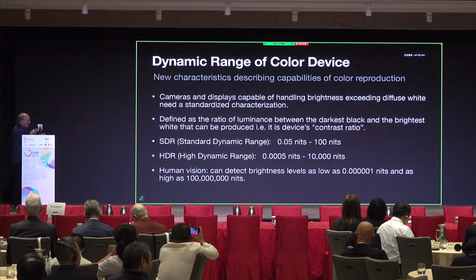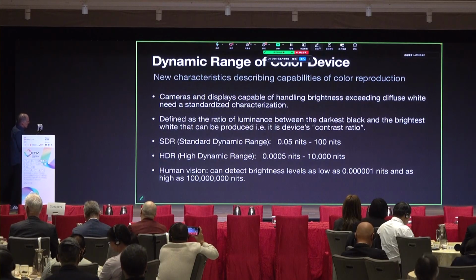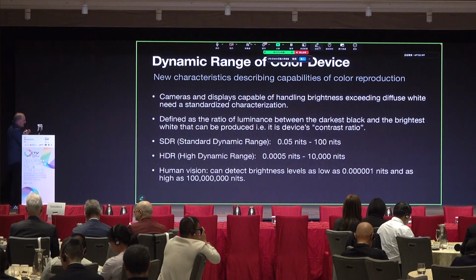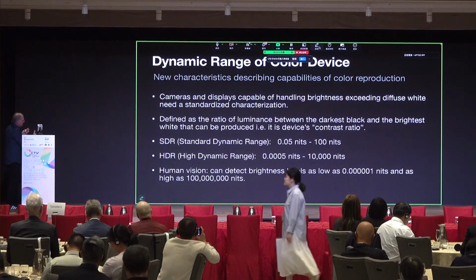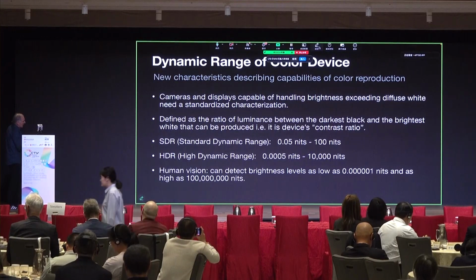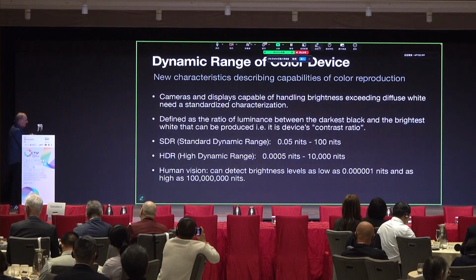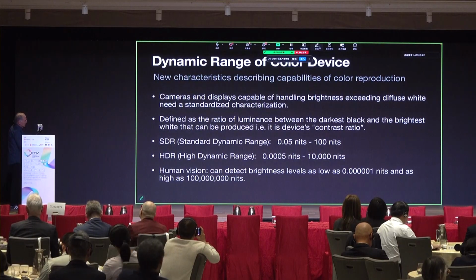There is standard dynamic range and high dynamic range. As you see, there is a significant difference in the range of values that can be processed by those devices. As was also mentioned here, even though the high dynamic range devices showed up, they still are not exactly as good as the human vision system, but they allow us to reproduce real scenes captured by the cameras in a much more realistic way.